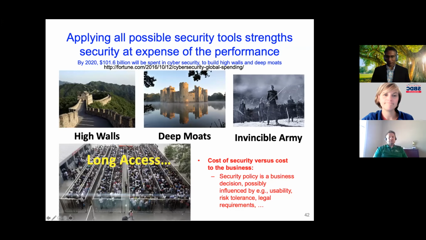So let's make sure that cost versus security is one factor. But ultimately, the security policy is a business decision. It's influenced by usability, risk tolerance, legal requirements, and we can go all the way in building great firewalls, deep moats to make it harder to get to our assets, hire very smart people to defend ourselves.